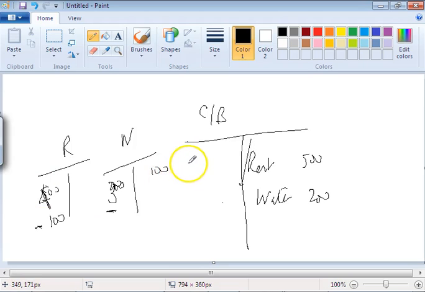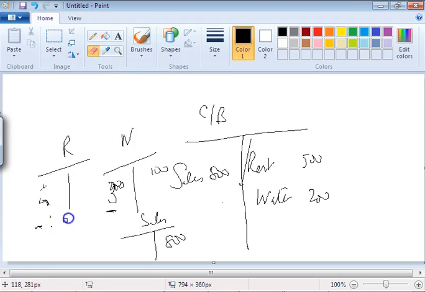Let's bring something in here. Let's just say we have here cash sales, and this was 800. I put the sales, and this should have been 800. Let's correct all of these and put in what they should be.